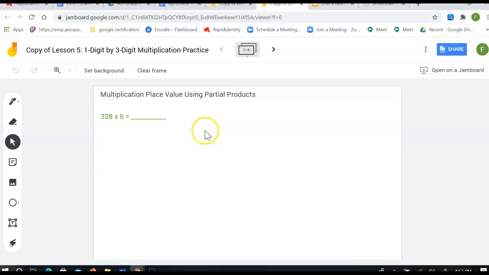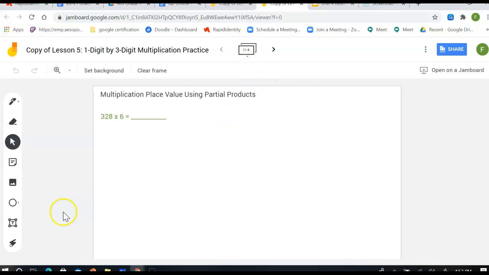For this one, I would say, try using any method that you want to solve it. Then you've got a second one here, 881 times 8. The third one, and there's a fourth one. These are all for practice.